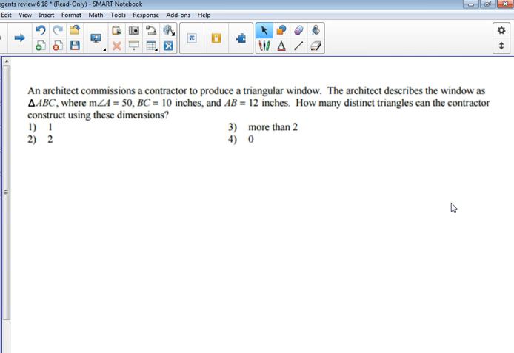We've done this a couple of times now, so I think you guys can just start this on your own. Let's start it and we'll see how you do.